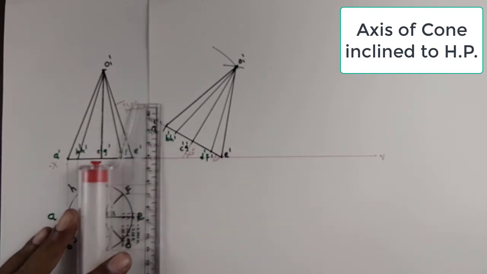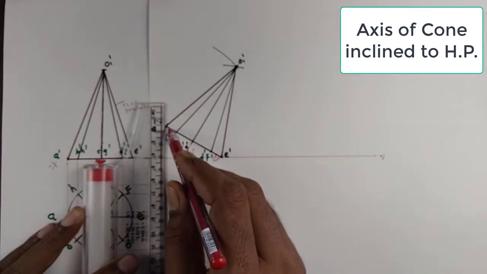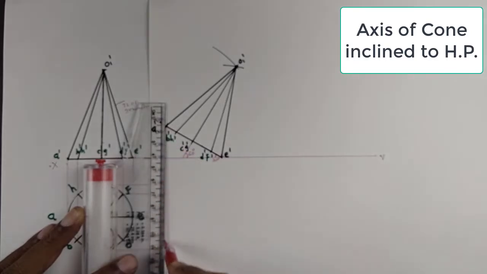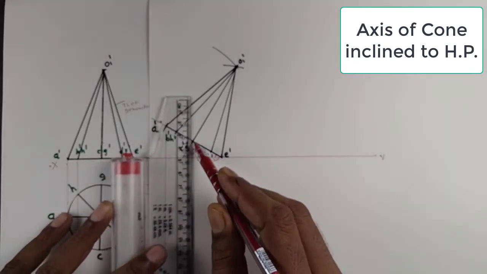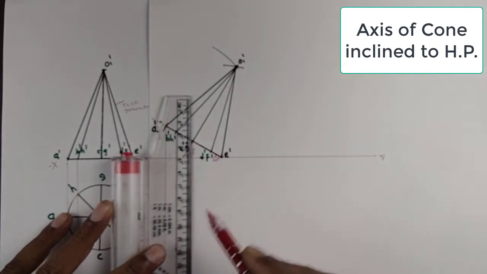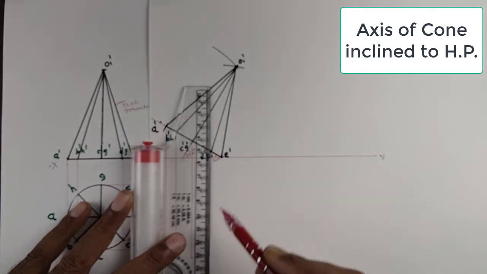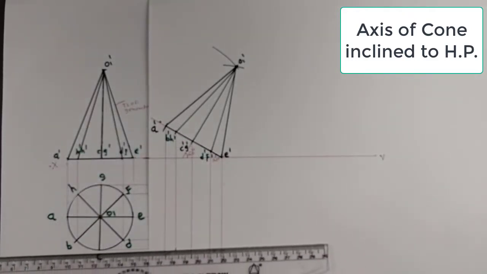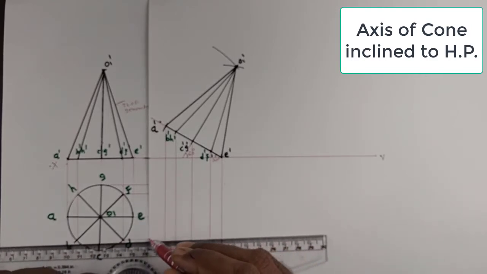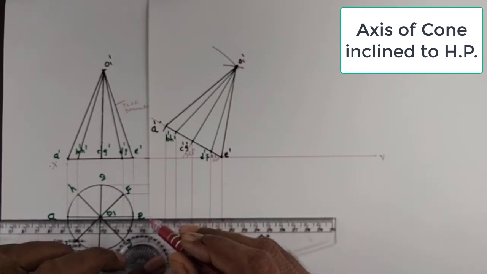Now for the plan, we collect the vertical projection in the downward direction, and the horizontal projection from the previous plan. Always draw that with a light line.